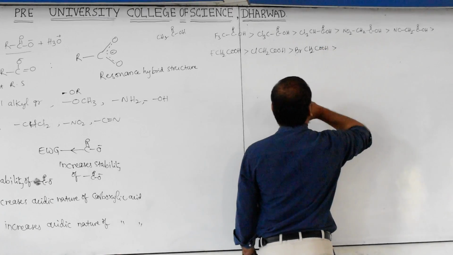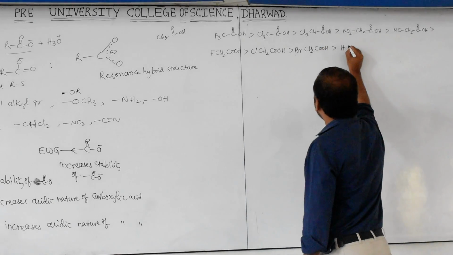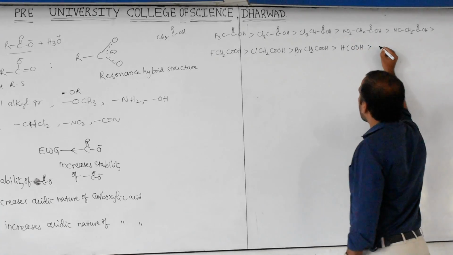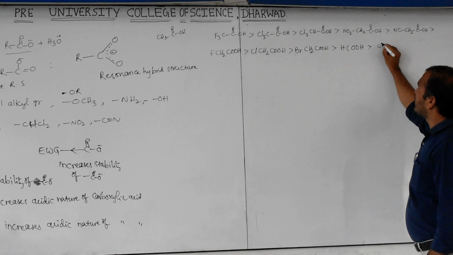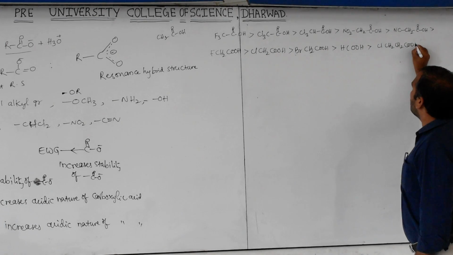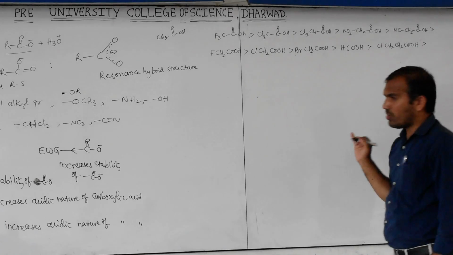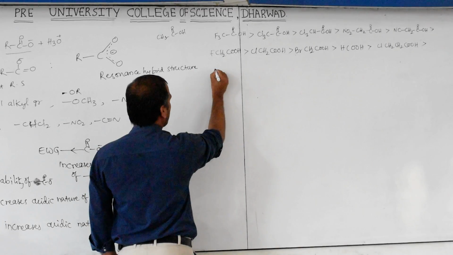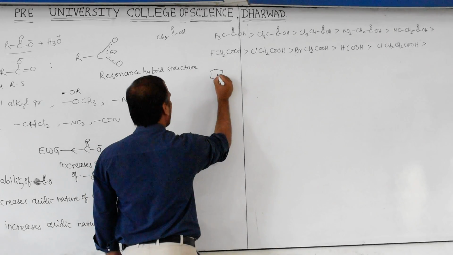Next formic acid. Next ClCH2CH2COOH. I will explain, don't worry about the exact part. Next, benzoic acid.